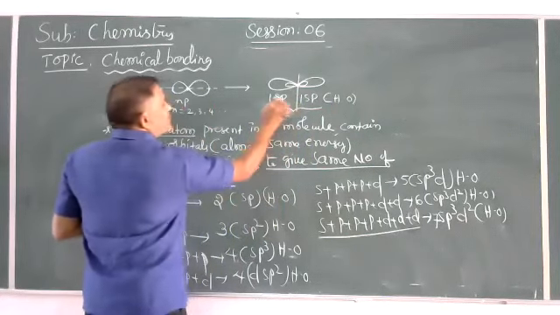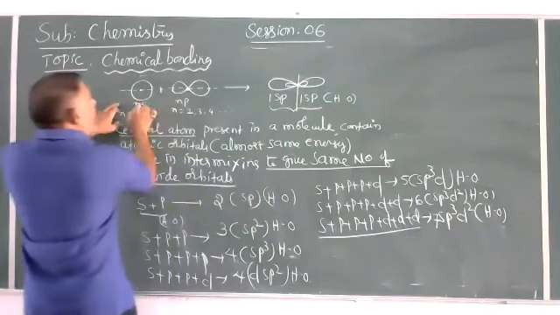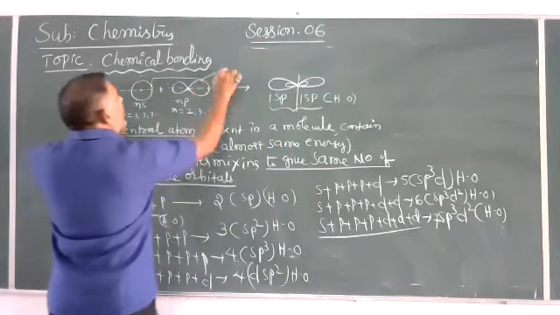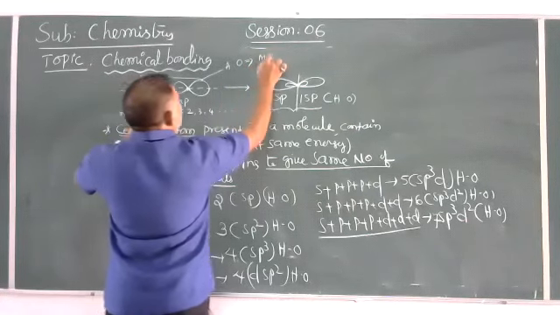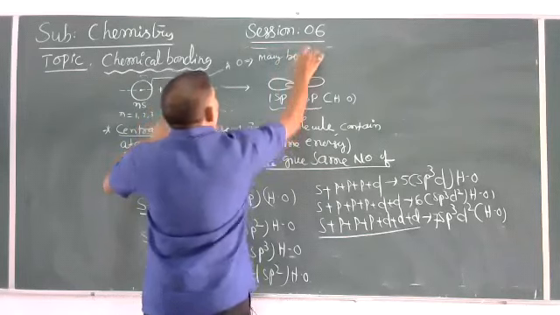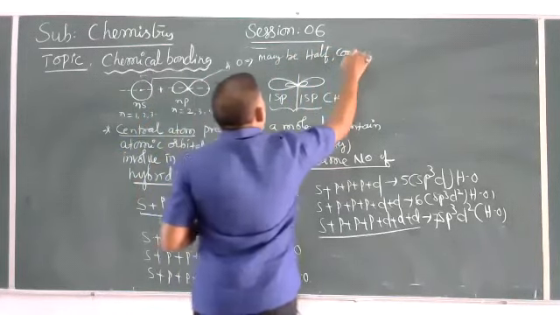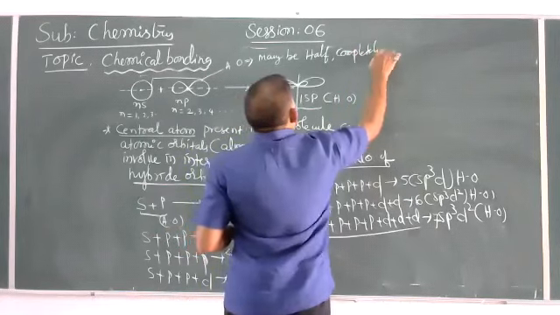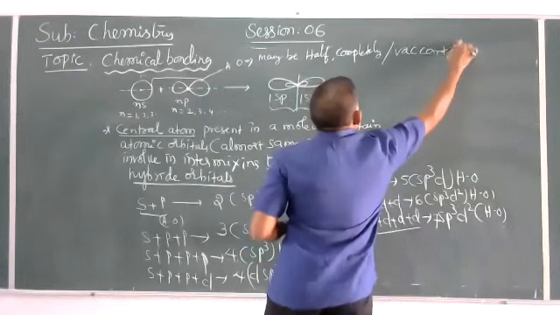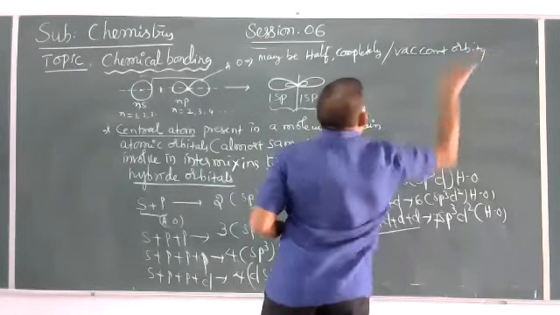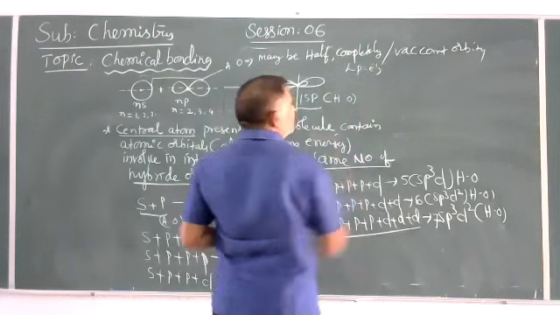Now, in the formation of hybridized orbitals, the atomic orbitals may be half filled, completely filled, or vacant. Vacant orbitals and lone pair electrons also participate.